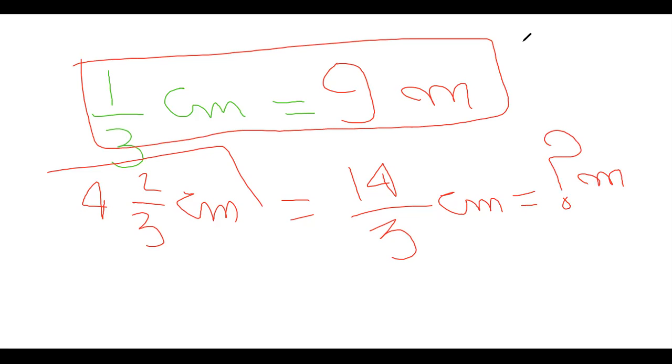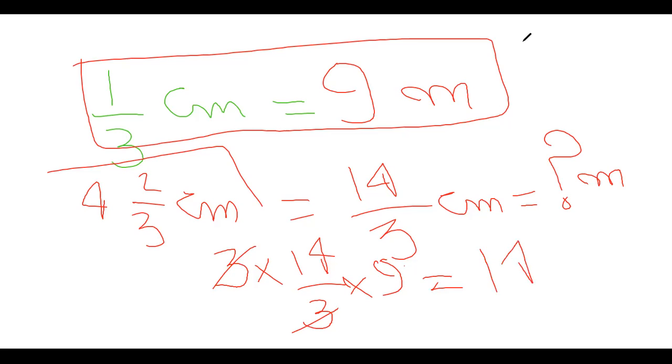Look at this. This 3 and this 14 by 3, and this is also the conversion of 9. If you are going to solve this one, the 3 is gone with this 3, and it is 14 into 9.